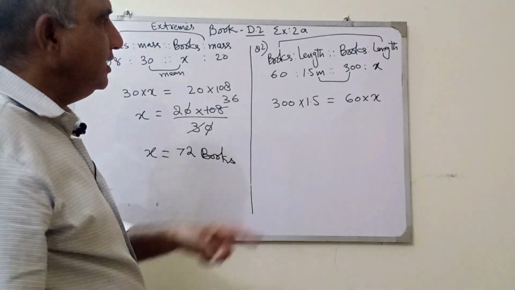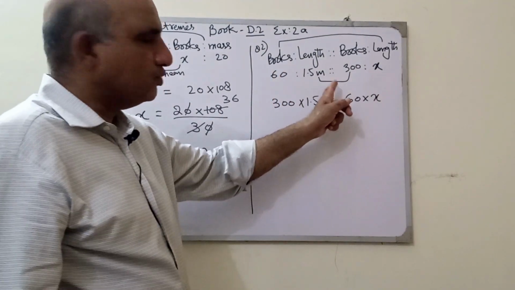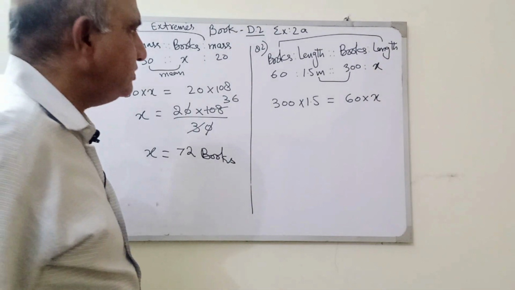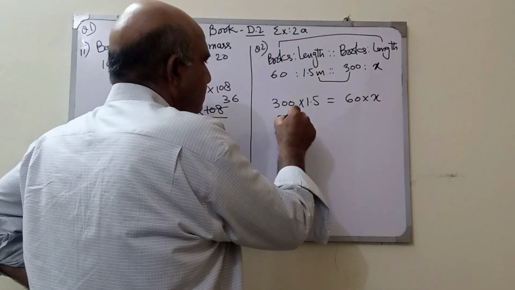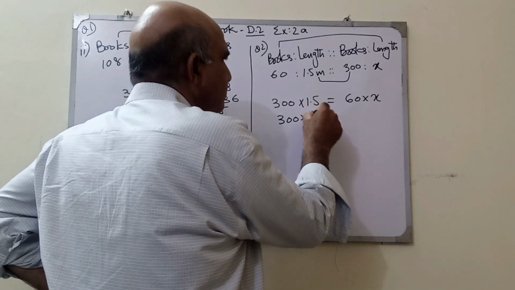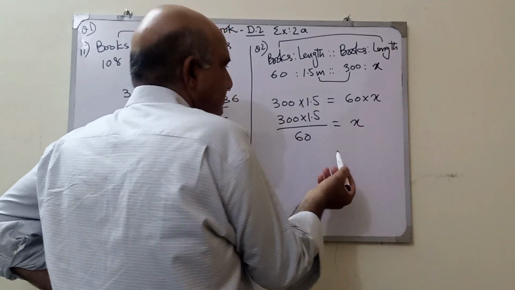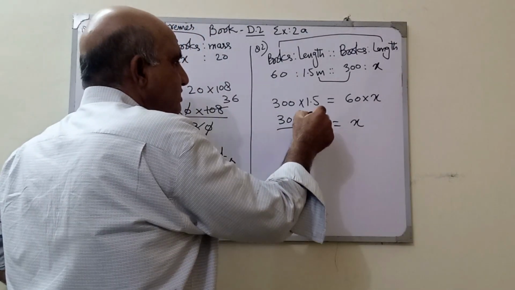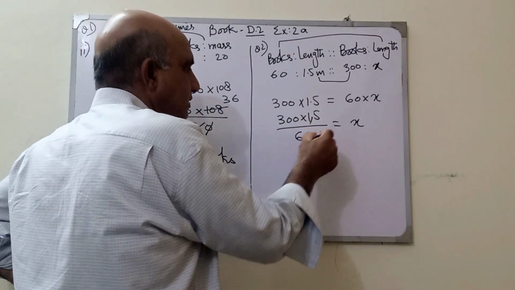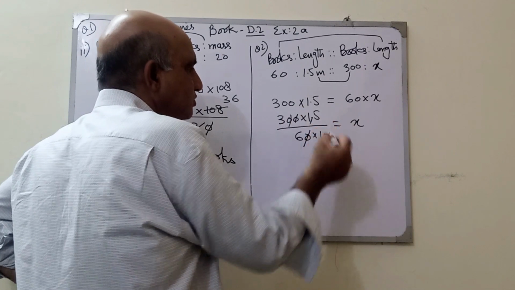Product of extremes is equal to product of means. Now what we'll do, right here, write 300 into 1.5 over 60 is equal to X, right? We'll remove this decimal, here 10. So we'll cancel these two by this.